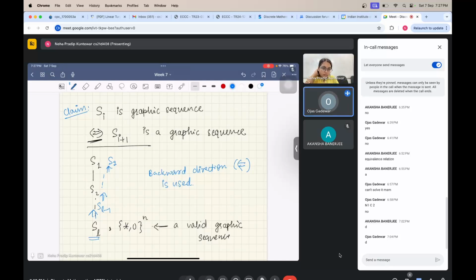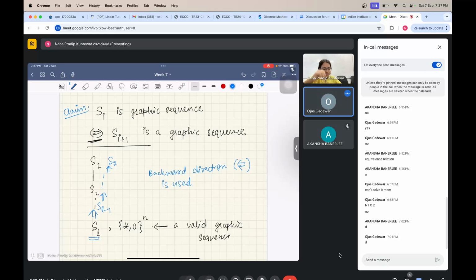Ma'am, because in the theorem, we prove and come to a conclusion of stars and zeros. So if that final conclusion is completely stars and zeros, then only our first sequence is valid. Therefore, we use backward direction.